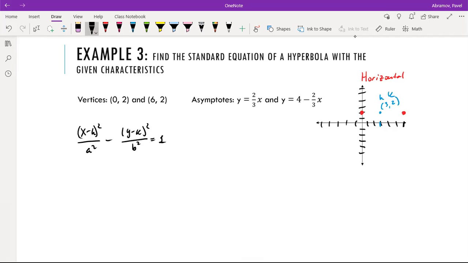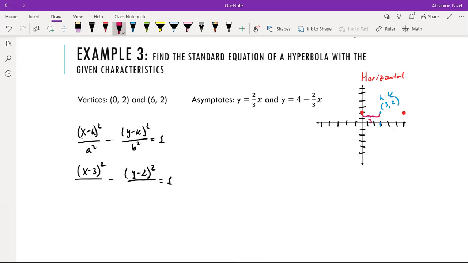So therefore, we already know that it's going to be (x minus 3) squared minus (y minus 2) squared. Then from here, we can also figure out our a. It's the distance from the vertex to the center, and that is 3.